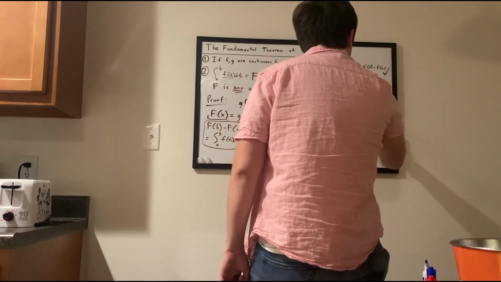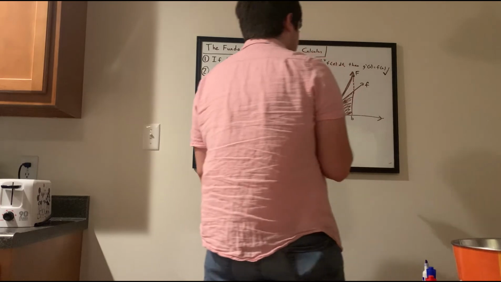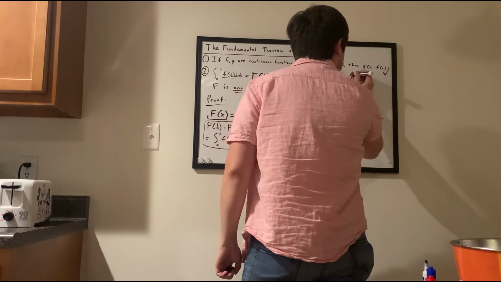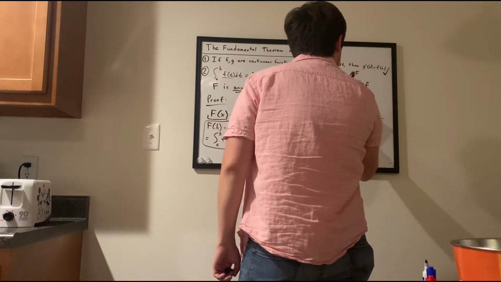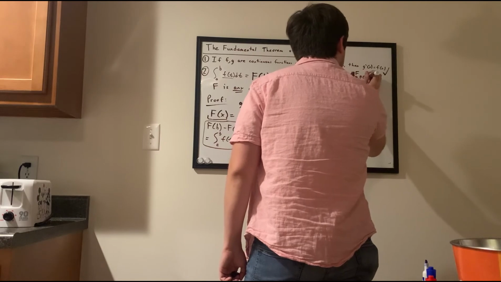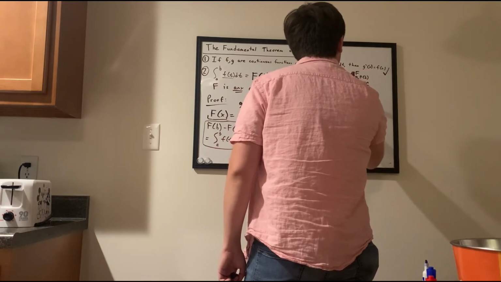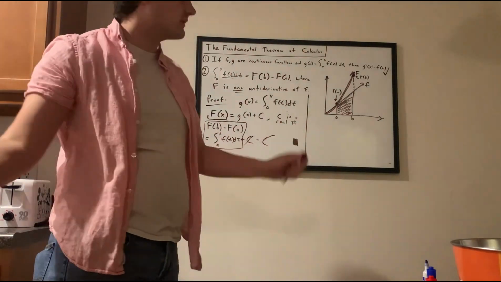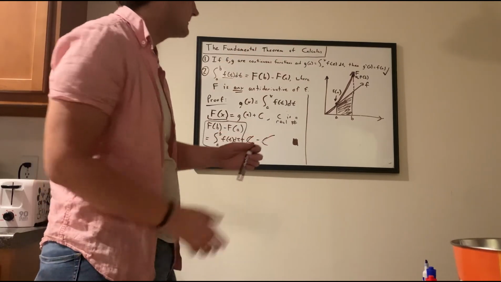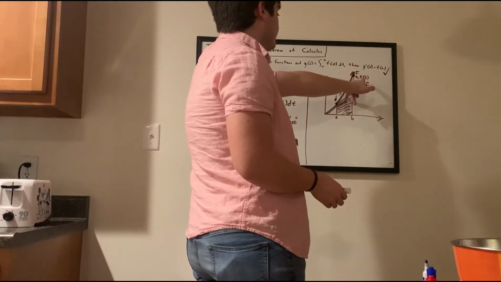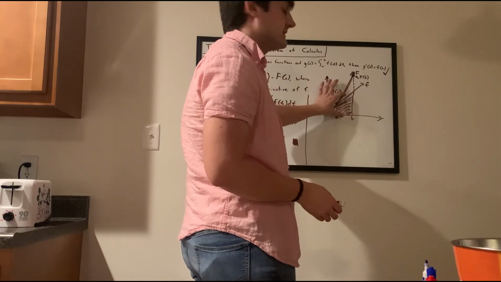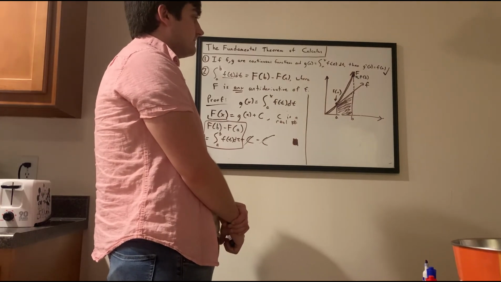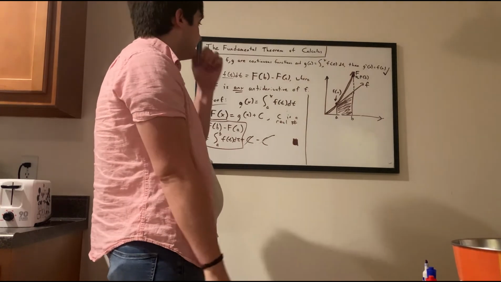If I want to find the area underneath the curve from A to B, then I'm going to take big F at B, which is about here, we'll say, minus big F of A. So here we have big F of B, and here we have big F of A. And surprisingly enough, whenever you subtract the two values, that difference is the same thing as this area. And so that gives us what we're looking for.